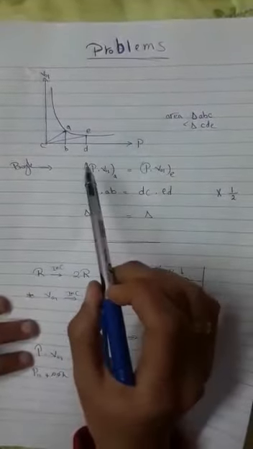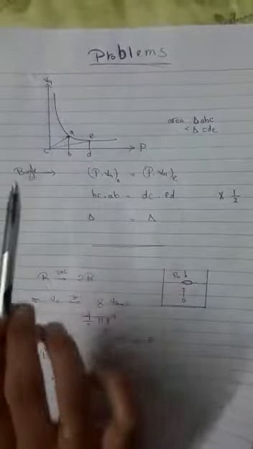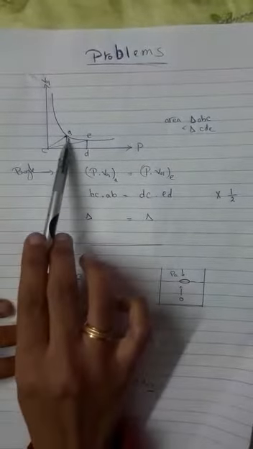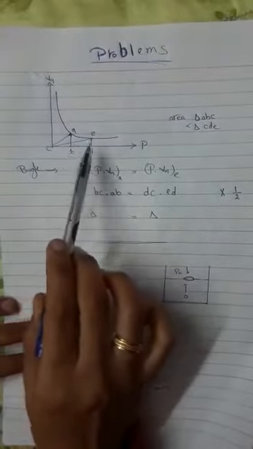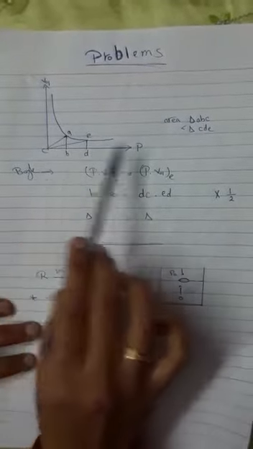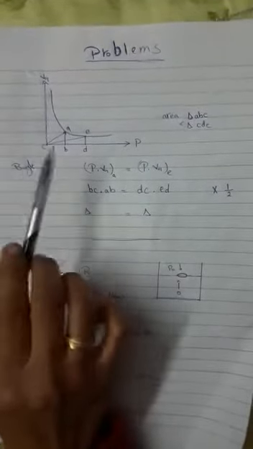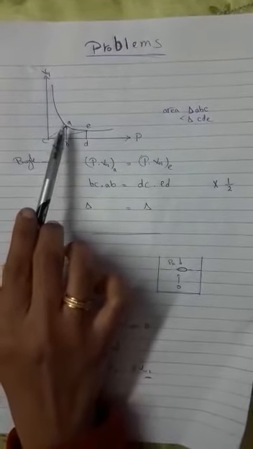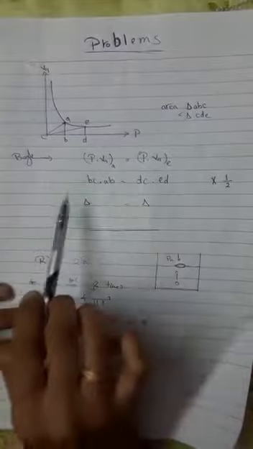Problems. There are two problems. In this graph, the relation between volume and pressure, there are two triangles ABC and EDC. We need to prove that the areas of the two triangles are equivalent. According to Boyle's law, the pressure times volume at point B and at point E are equal.